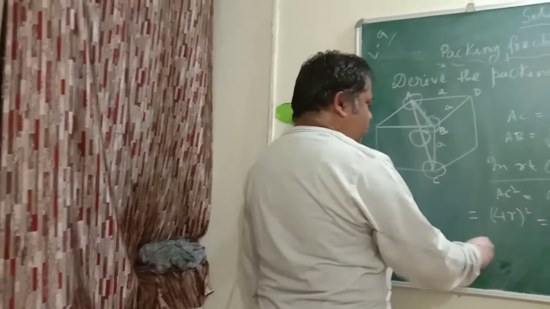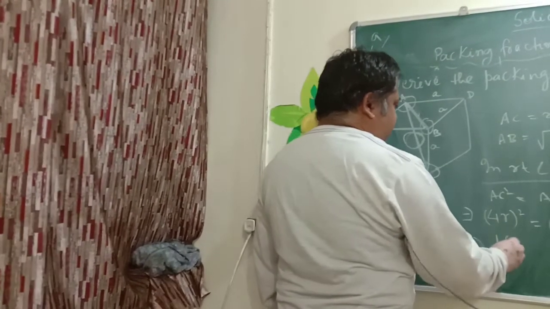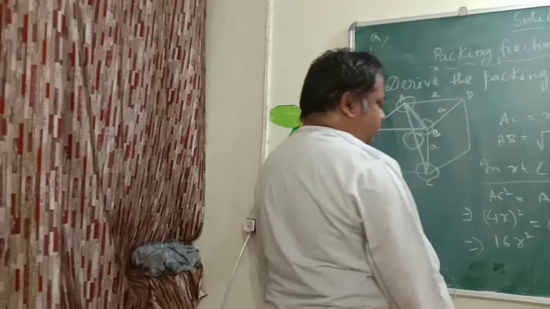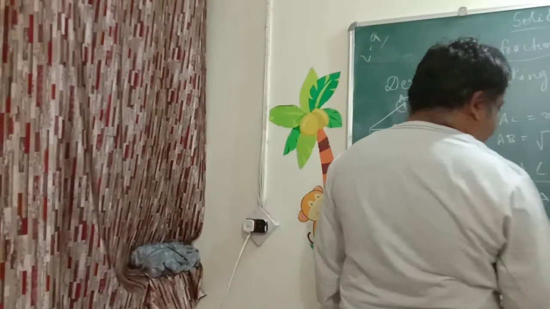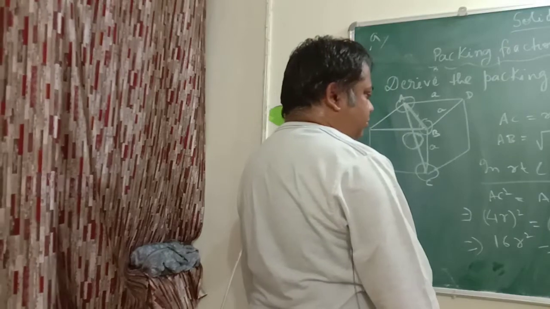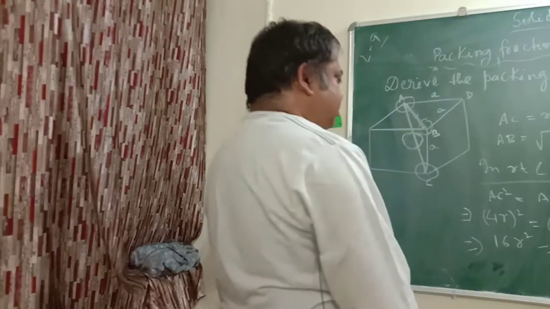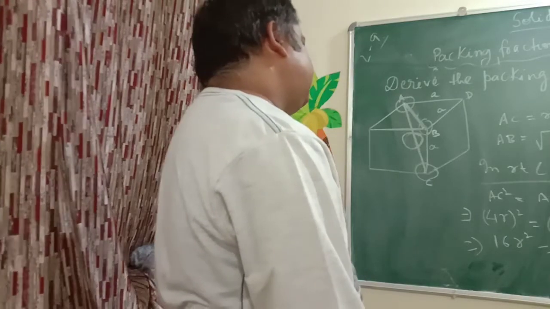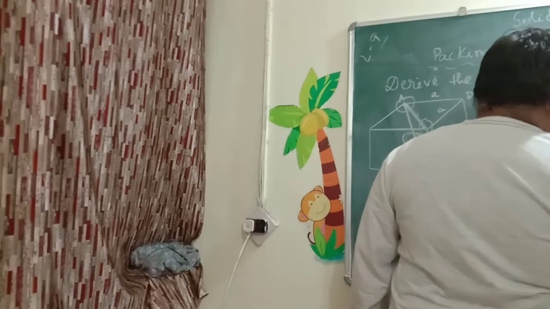So this will be equal to 16R square is equal to 2A square plus A square, equal to 3A square.